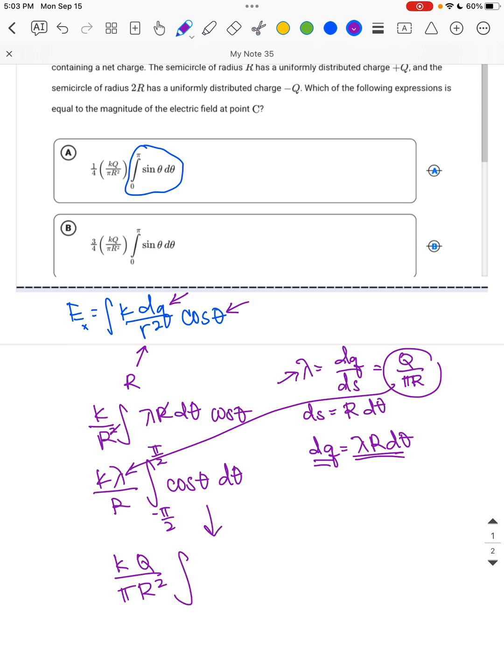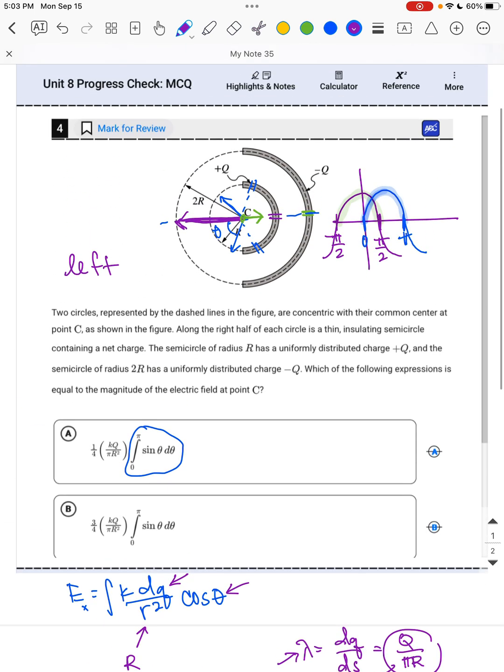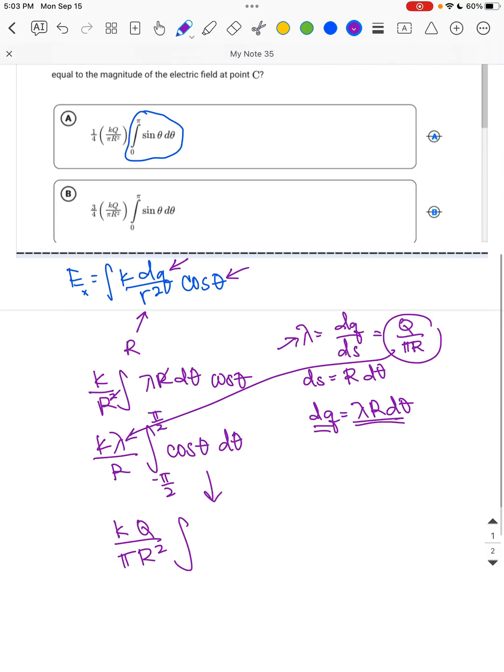Now I'm going to make my substitution, because we talked about it up here. My sine of theta from 0 to pi. This I know is going in the negative direction. I can even call that negative if I want, because electric fields, sign is representative of direction when we're trying to do the sum of the electric field lines.